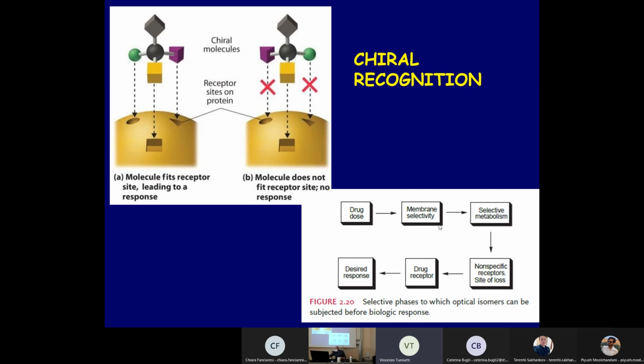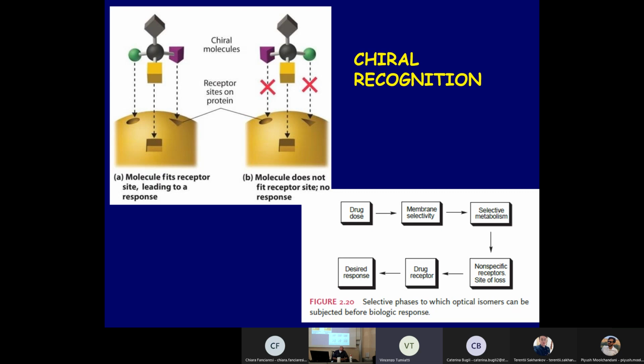For example, it was observed a high selectivity in some membranes. Only one enantiomer is able to cross, probably. Only one enantiomer is able to use a particular transport system.